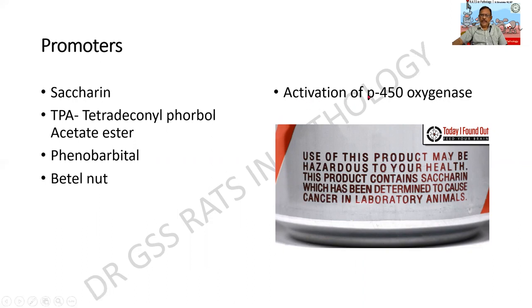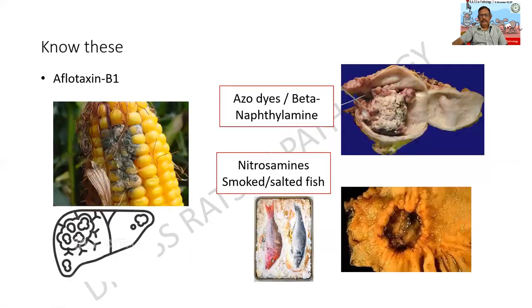And this is because of the activation of an enzyme called P450 oxygenase in the liver. So this is a warning that is given for the usage of saccharin. Saccharin is very commonly used because it is 600 times sweeter than sugar. I would like you people to kindly know these things.